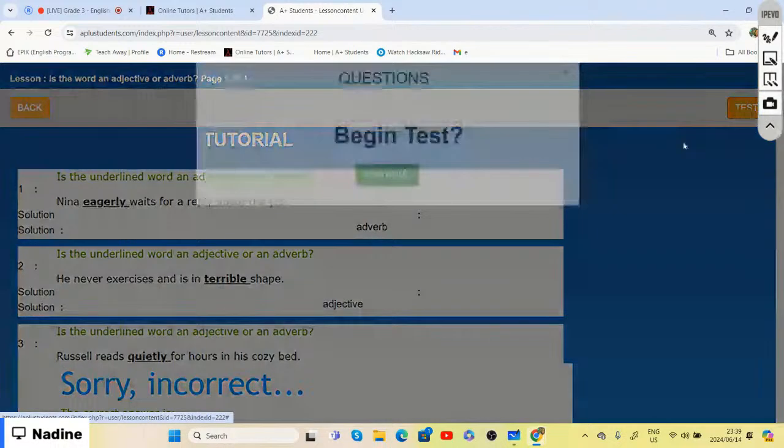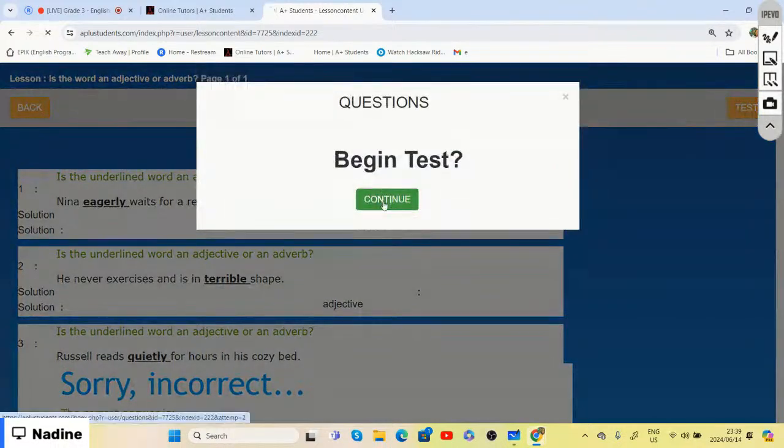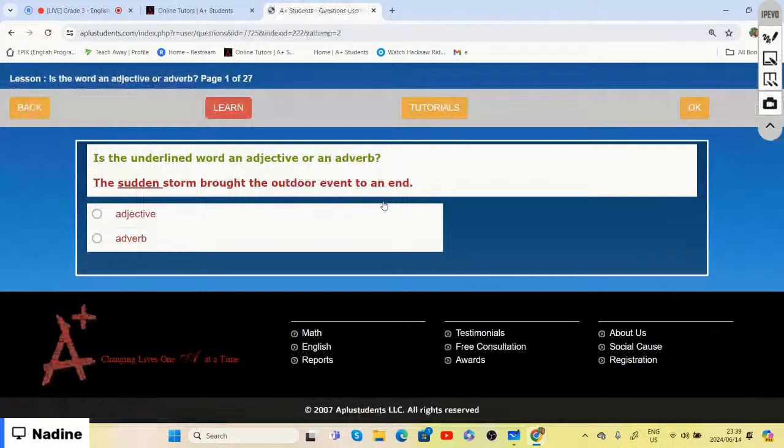All right, let's go to the test where we are going to say is the word an adverb or an adjective. So, the sudden storm brought the outdoor event to an end.